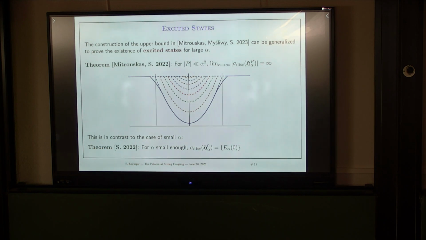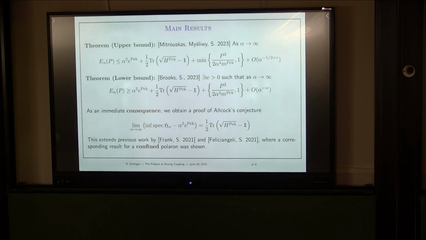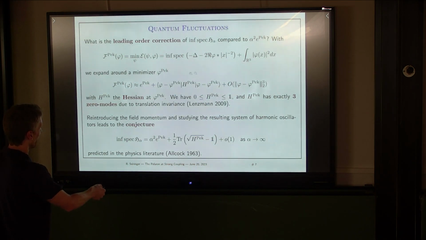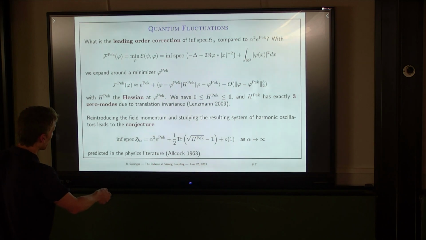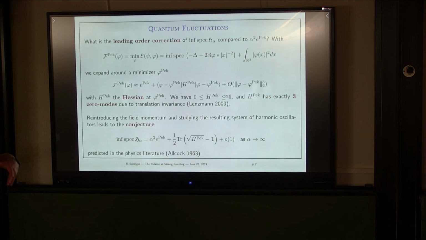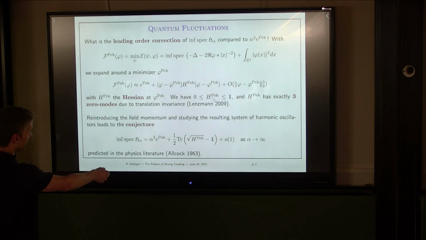If I go back to the description right here, the excitations, so here was the heuristics: the excitations are described by this quadratic function, that's the potential well, and the frequencies are given by this Hessian of the Pekar functional, and they have lots of frequencies strictly less than 1. In fact, this is a trace class perturbation of 1, but it's infinite rank. So there are infinitely many eigenvalues below 1. And all these effectively lead to harmonic oscillators that I can excite. So there are lots of excitations I can make in this system, all with energy strictly less than 1, namely the eigenvalues of this Hessian.